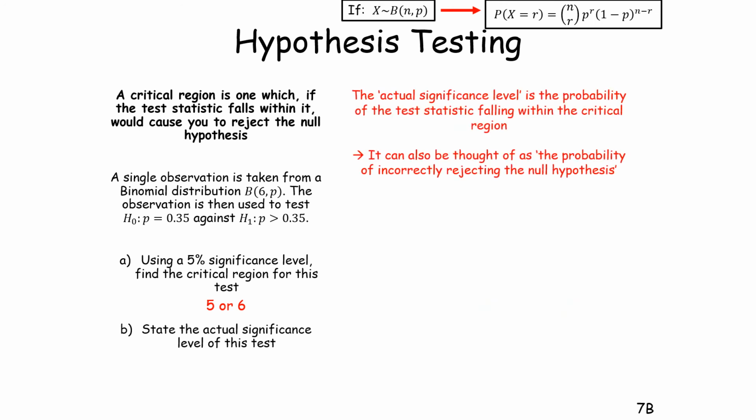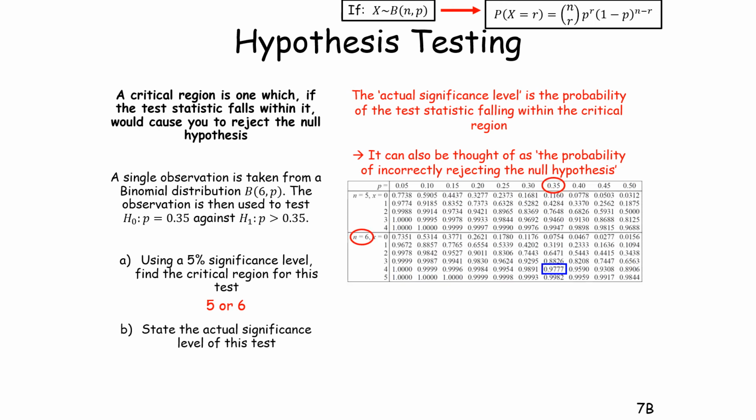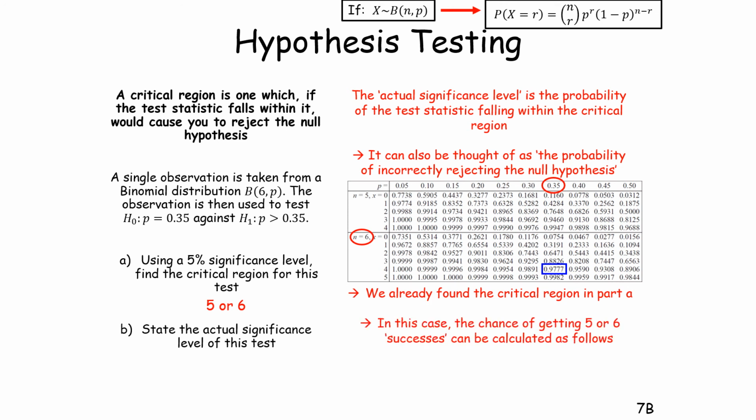The actual significance level is the probability of the test statistic falling within the critical region. It can also be thought of as the probability of incorrectly rejecting the null hypothesis. We've already found the critical region in part (a). In this case, the chance of getting 5 or 6 successes can be calculated as follows.